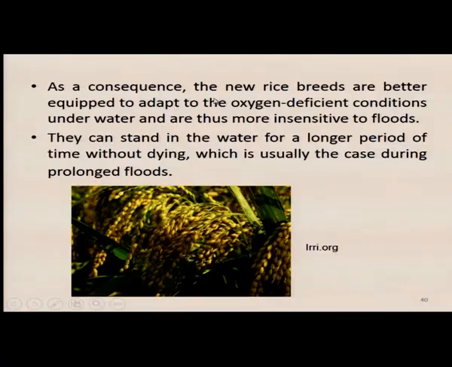As a consequence, the new rice breeds are better equipped to adapt to oxygen deficient environments, underwater, and are thus insensitive to floods. They can also stand in water for a longer time without drying, which is usually the case with prolonged droughts or prolonged floods.